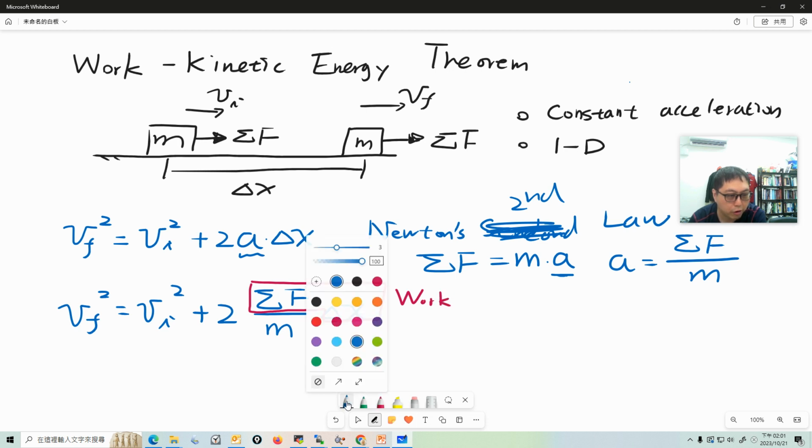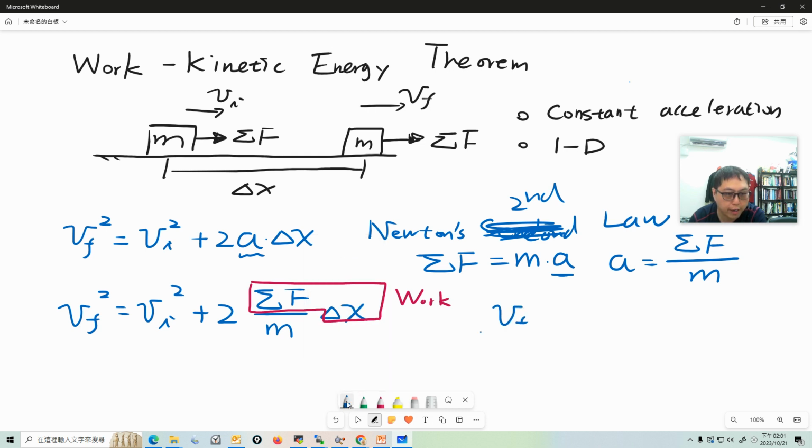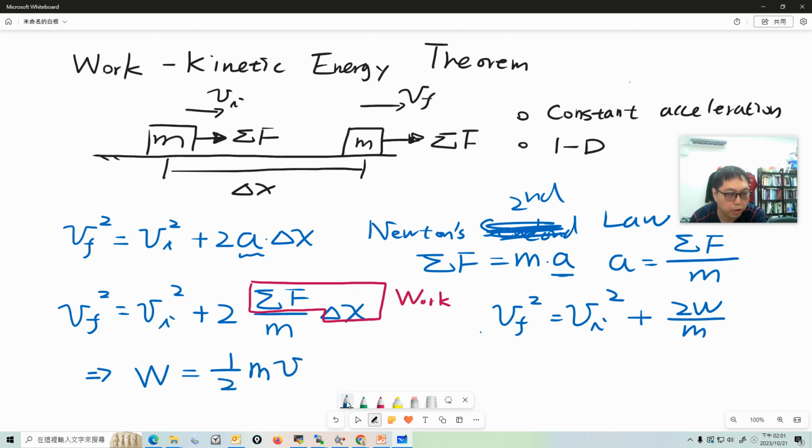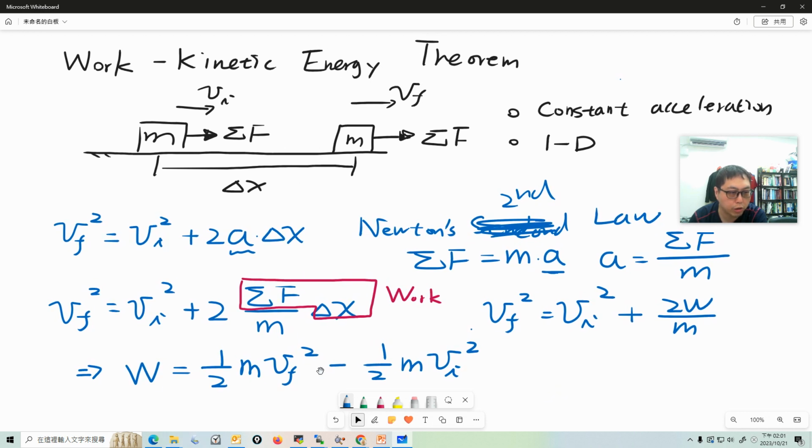After you realize this, you get Vf squared equals initial velocity squared plus 2W over m. So your work is equal to 1 over 2 m Vf squared minus 1 over 2 m Vi squared. This is the work expression.